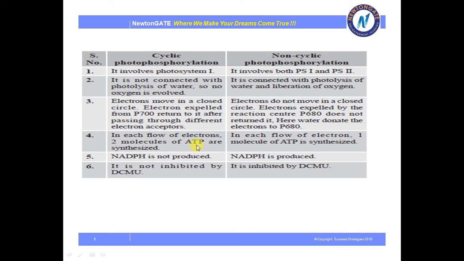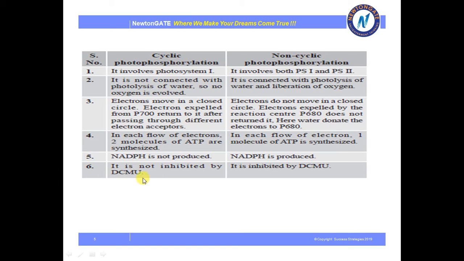You need to remember this very carefully because this is a very important and tricky part. Now, NADPH is not produced. I told previously also, NADPH is not produced in cyclic photophosphorylation, but in non-cyclic photophosphorylation NADPH is produced, okay?